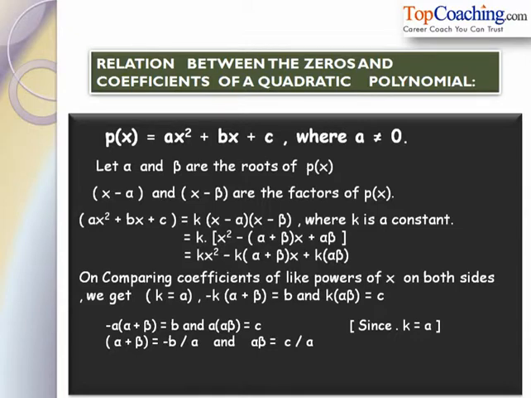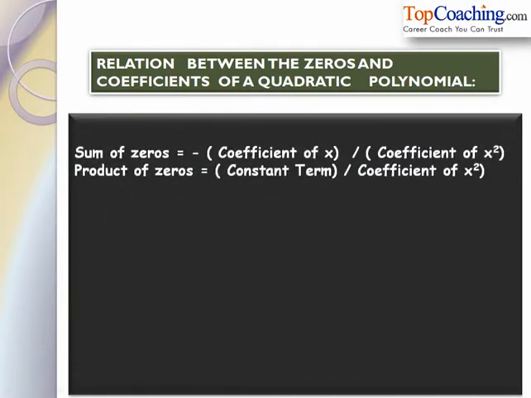Now this is a very important result. So what we can say is the sum of zeros or sum of roots is equal to minus of the coefficient of x divided by the coefficient of x square. Here the coefficient of x is b and the coefficient of x square is a. Also, the product of zeros is equal to the constant term divided by the coefficient of x squared.